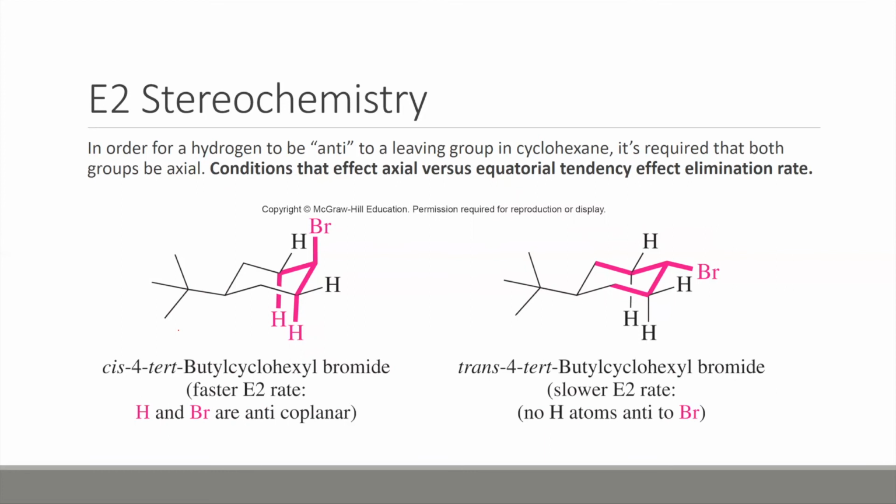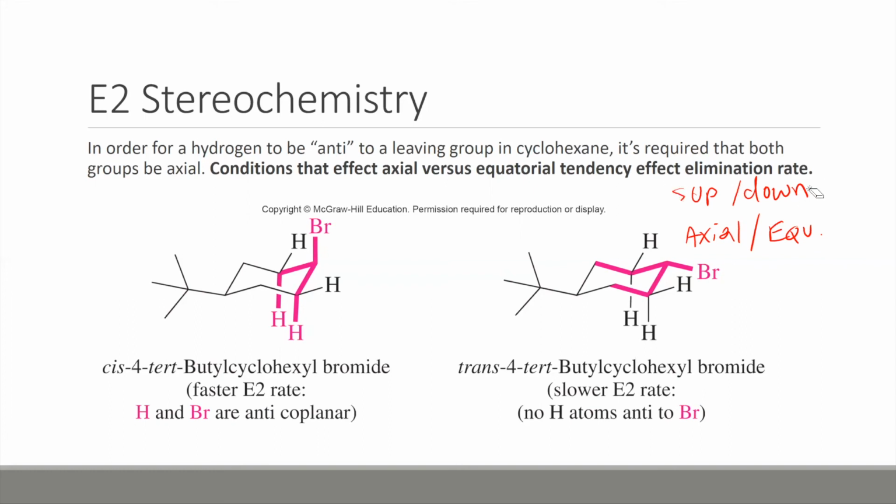Remember the difference between up and down and axial and equatorial. Remember that something can be up and axial, or it could be down and axial, or vice versa. So for an elimination reaction to occur, they have to be anti, meaning one needs to be up and one needs to be down.